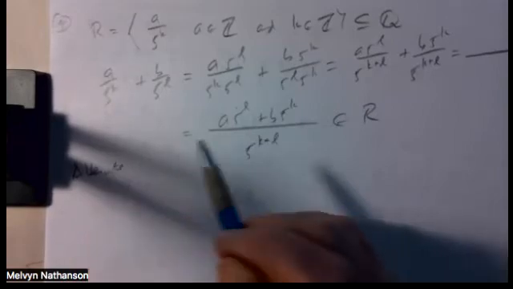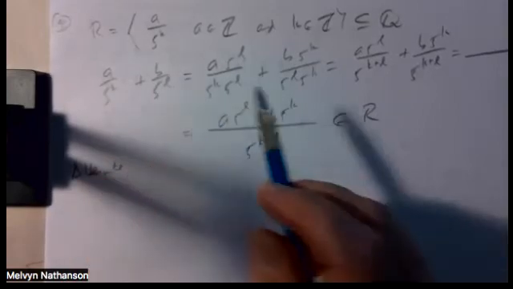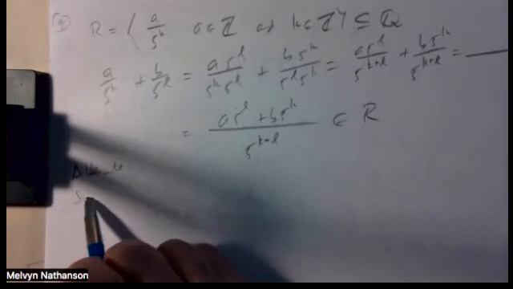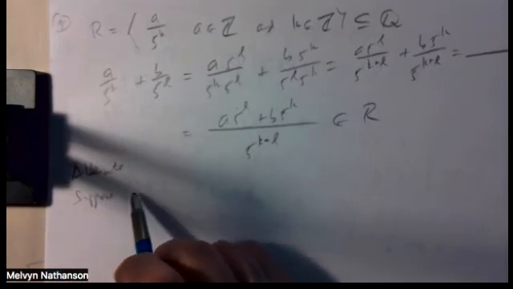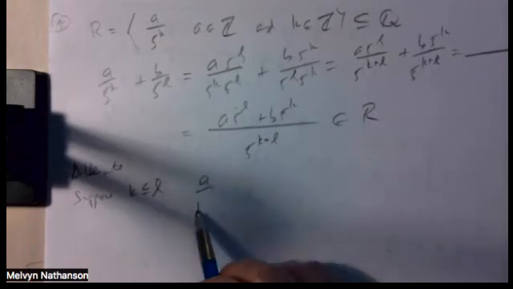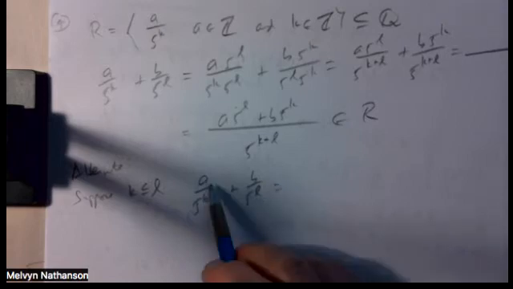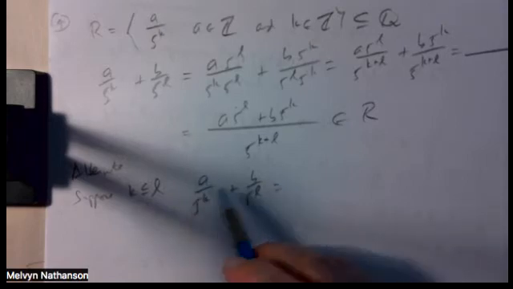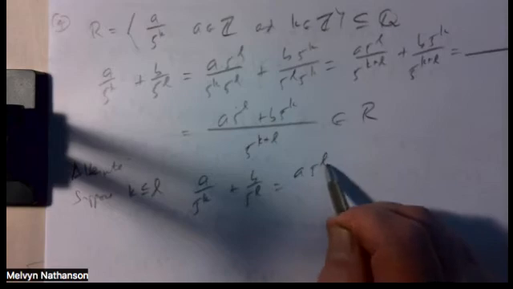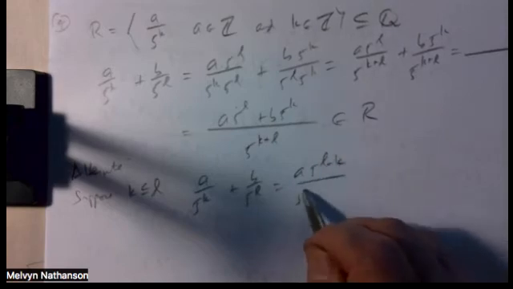Another approach, no better, no worse. If you have 5 to the k and 5 to the l, if they're not equal, let's say that k is less than or equal to l. So you take a over 5 to the k plus b over 5 to the l, and multiply the first fraction, the numerator and denominator, by 5 to the l minus k.